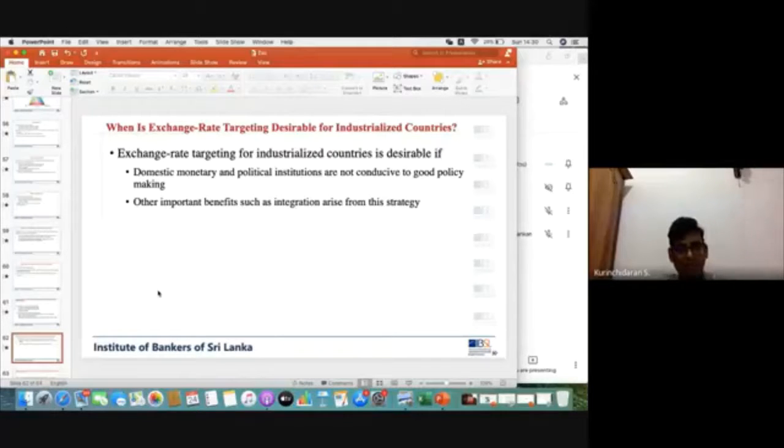If the local economy has very strong monetary and political institutions and can make effective policy, then of course they don't need to have a fixed exchange rate. But if they don't have that, it's better to fix it and follow the rule. That's very simple and straightforward.